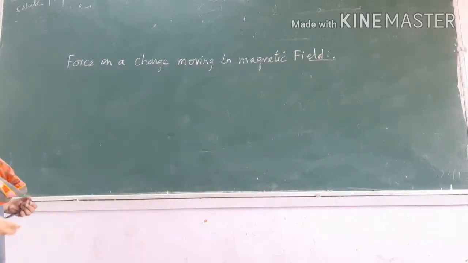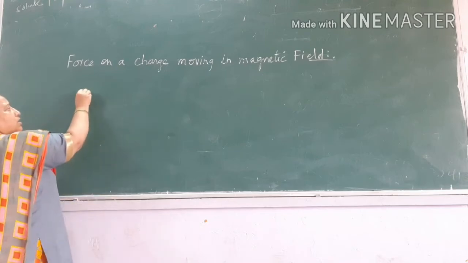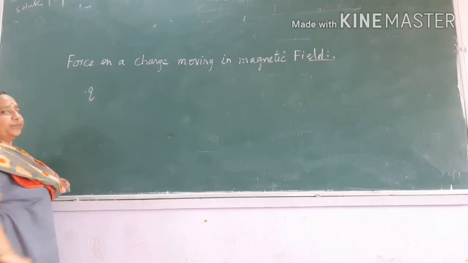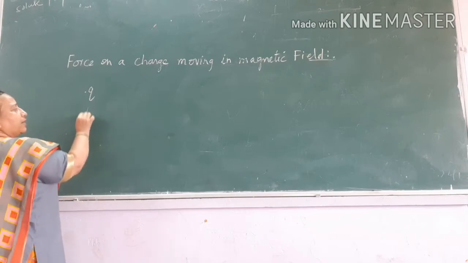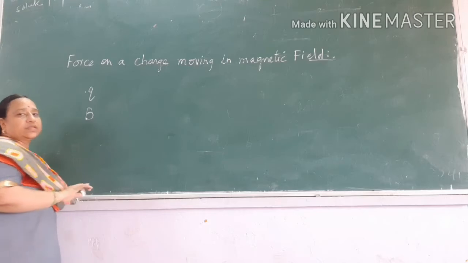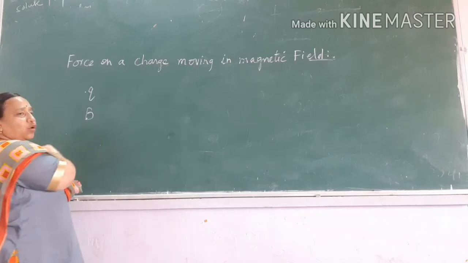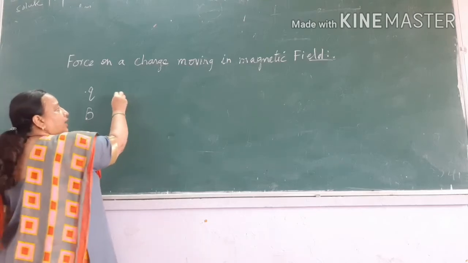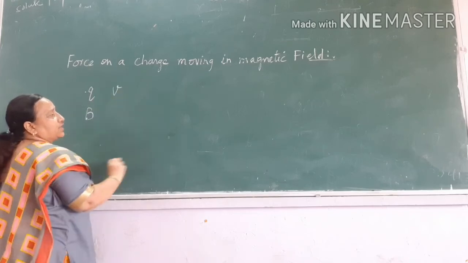So, let us suppose a charge Q is placed in a magnetic field B. Then, according to Lorentz, a magnetic force acts on this charge when it moves with a velocity v.